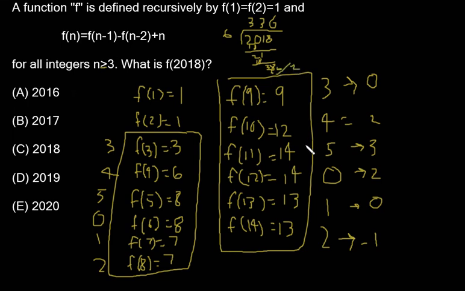And so we have a remainder of 2 right here. And so that means our difference is going to be -1, right?